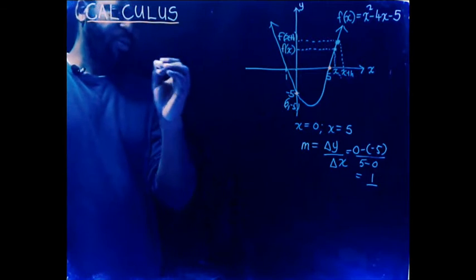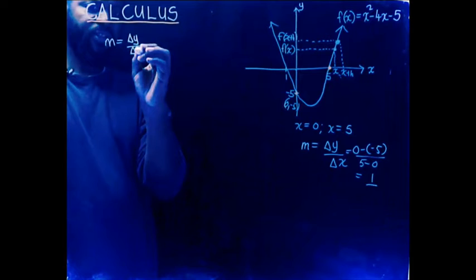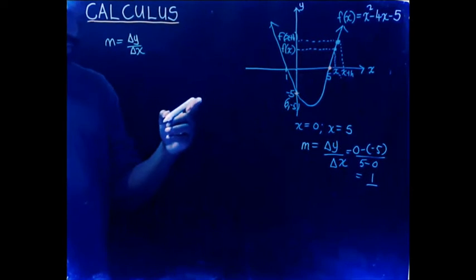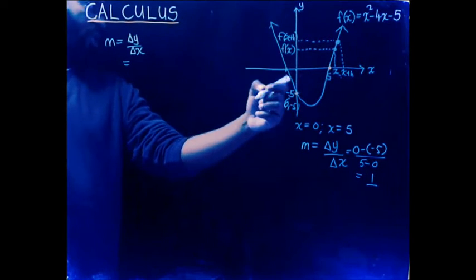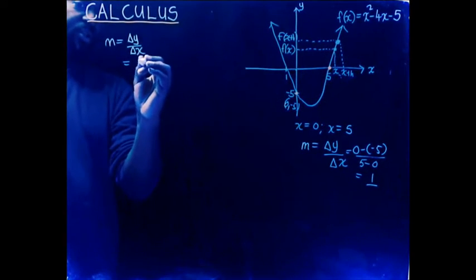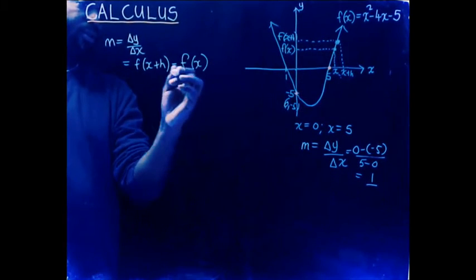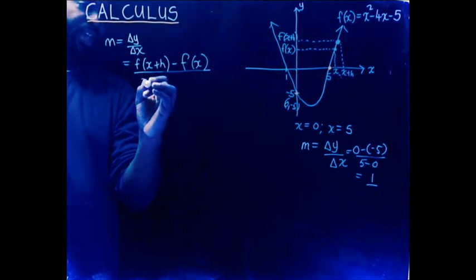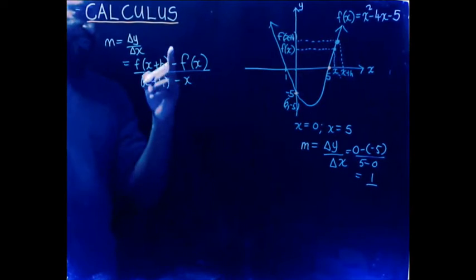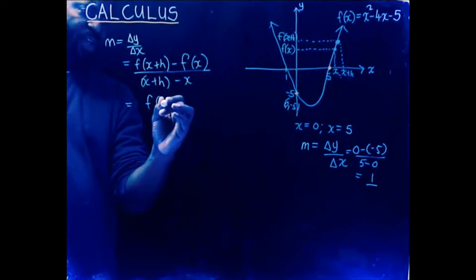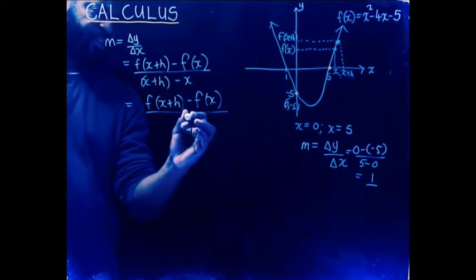Gradient is change in y over change in x. Let's say that's my y2, that's my y1, that's my x2, that's my x1. So it's going to be f of x plus h minus f of x, all over x plus h minus x. This then simplifies to f of x plus h minus f of x divided by h.